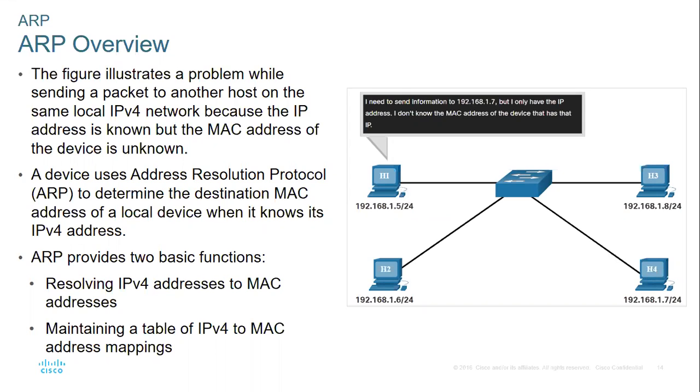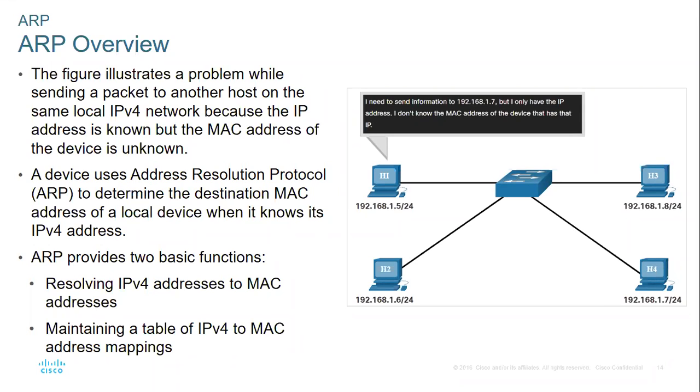So now, how is H1 going to know the MAC address of H4? H1 will send a message called an ARP request, and this is going to be a broadcast.